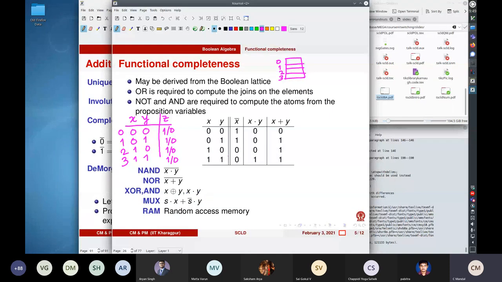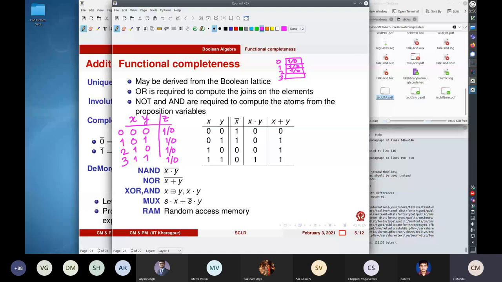Yeah. So how we can express a function using a RAM. Let us say you consider a function of 2 variables. You have these 4 combinations. In the cells, I am basically remembering the truth table.